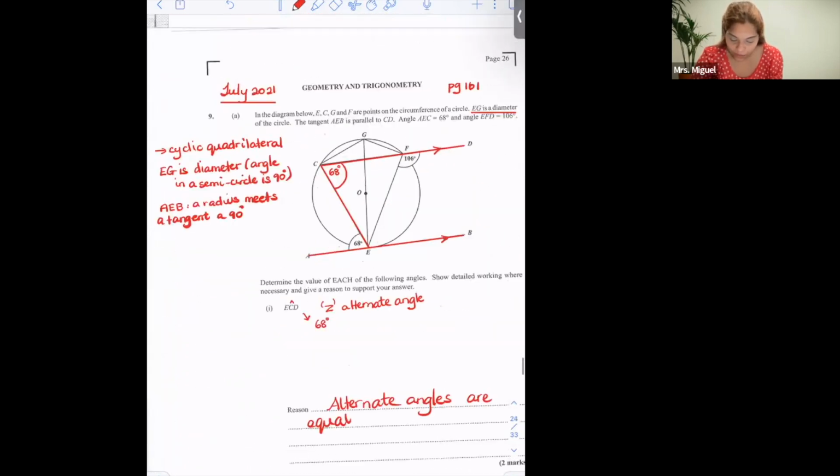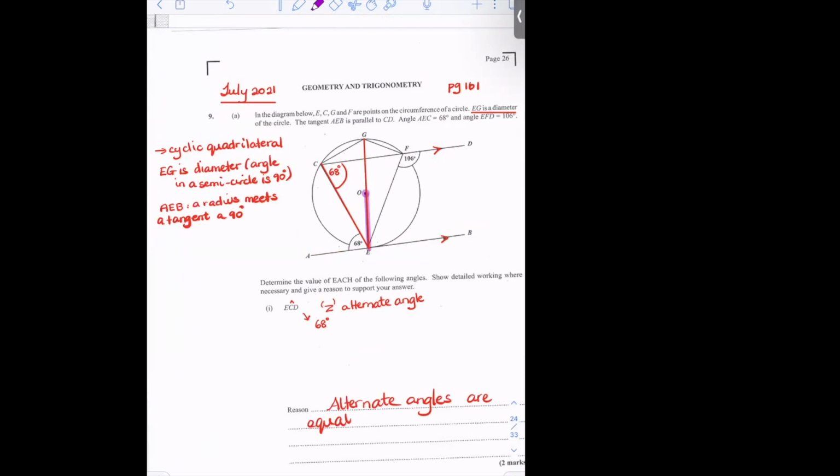We want C, E, G. So I'm going to take out my lines and draw a line C, E, G. Now, how do we call O to E? What is that line called? A radius.